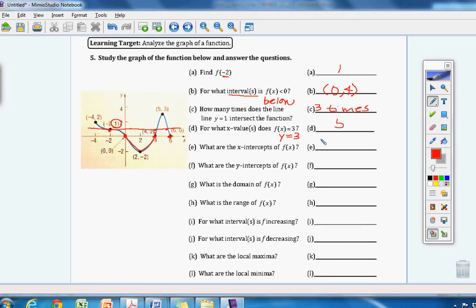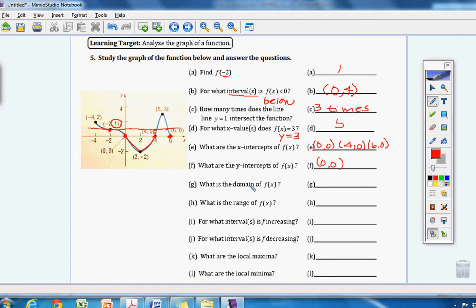And an intercept is always going to be a point. So 0, 0, 4, 0, and 6, 0. Y-intercepts: where is this function hitting or crossing the y-axis? And that's only at the origin again, so 0, 0.